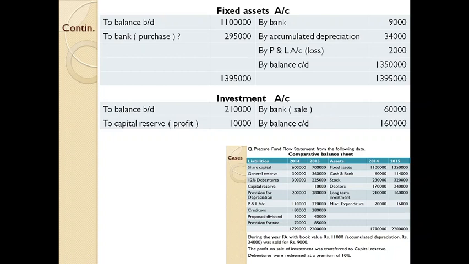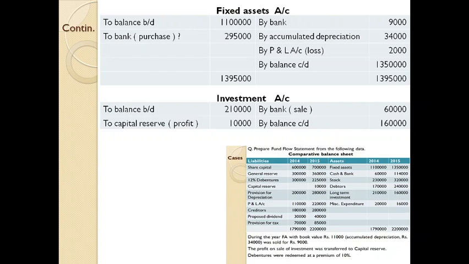That is a concept that has to be followed while dealing with the same type of adjustments. Remember, in the beginning it was 2,10,000. By the end, it was 1,60,000. So it is quite natural. There was a sale of rupees 50,000. But in the adjustment, it is said that it was sold at a profit of rupees 10,000. Remember, in the balance sheet, we will not be showing any sale amount on the basis of profit.